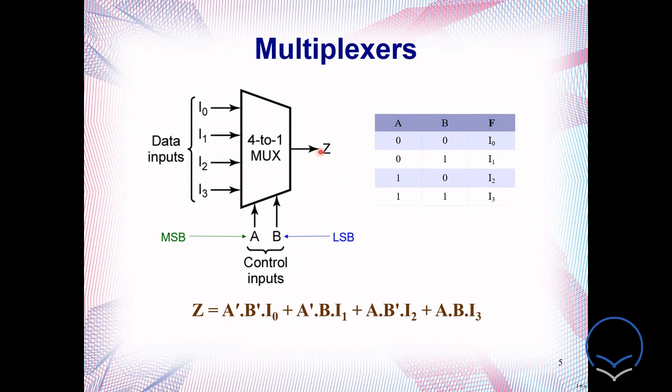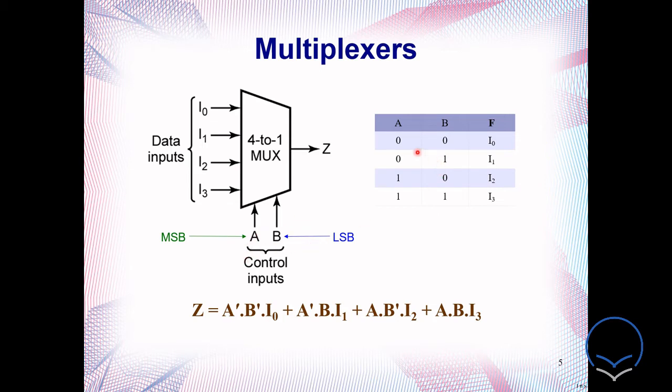Z is our output. For 2 control pins we have 4 combinations, AB could be 00, 01, 10, 11.